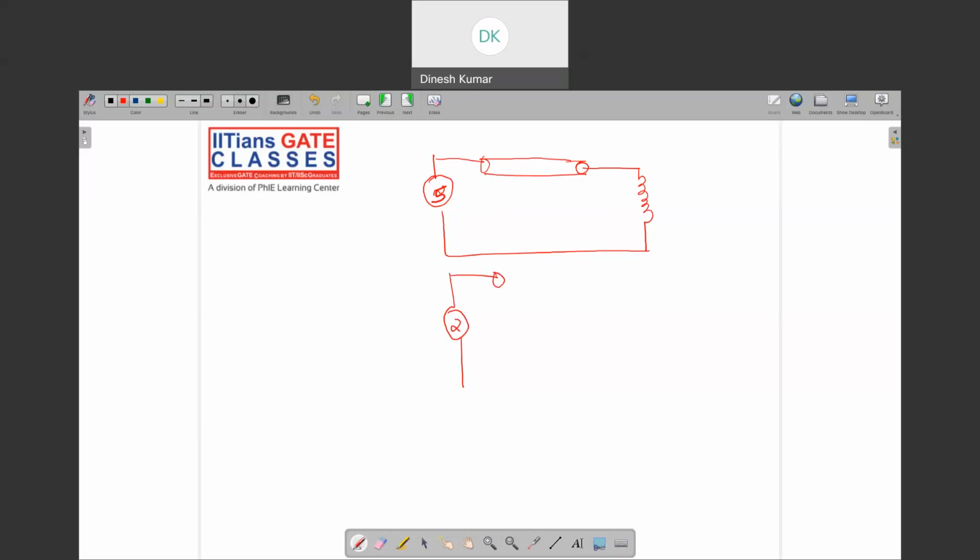Then this will have something known as Z0, and the inductor, if you convert to the S domain, will be L into S. So what is the voltage across this? The voltage across the inductor VL is basically 2 into Ls divided by S into (Z0 plus Ls).